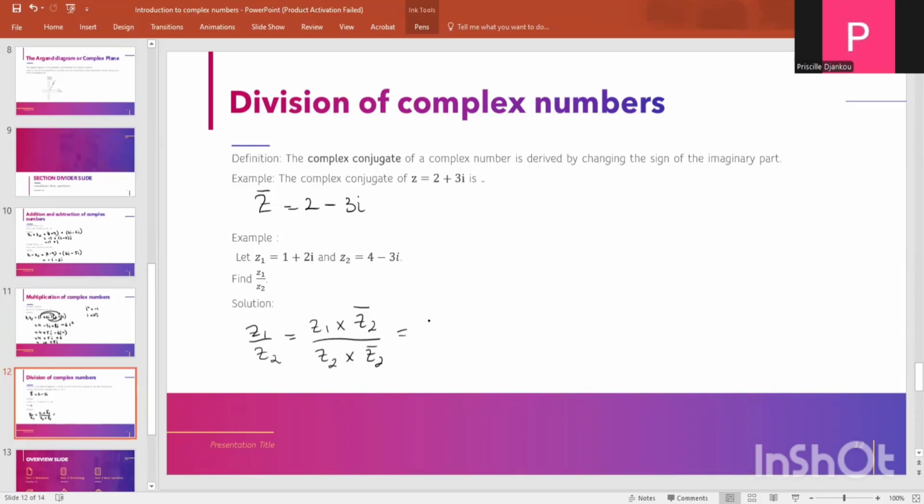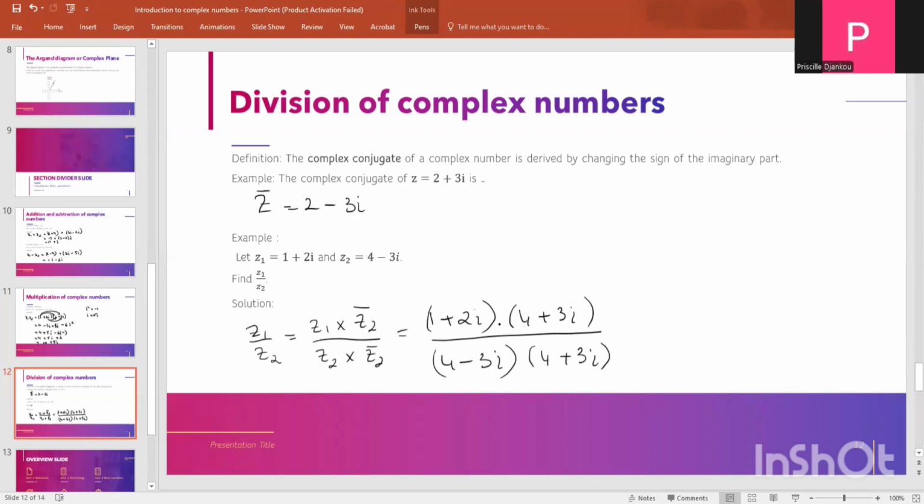This gives us 1 plus 2i times 4 plus 3i, divided by 4 minus 3i times 4 plus 3i.